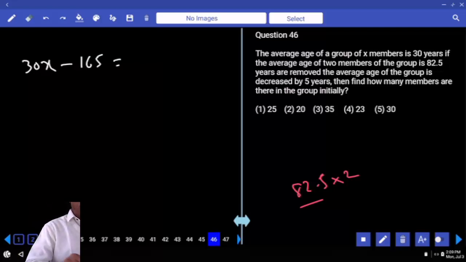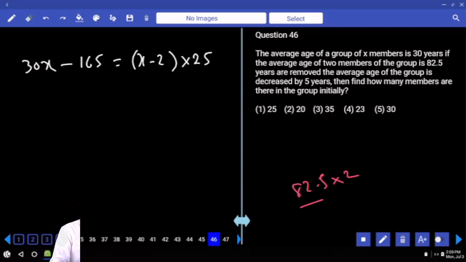If 2 members are removed from the group, then the remaining members in the group are X minus 2. Am I right or not? Whenever the members become X minus 2, the average is also decreasing. It is decreased by how much? Previously it was 30. If it is decreased by 5, then it becomes 25. So multiply this value with 25. 30, 165, 25.